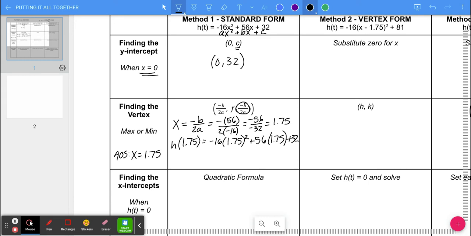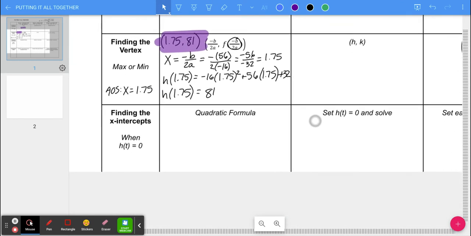Make sure that you are using parentheses. And when x is 1.75, your y value is 81. So your vertex is 1.75, comma 81. So there's your y-intercept. There's your vertex.